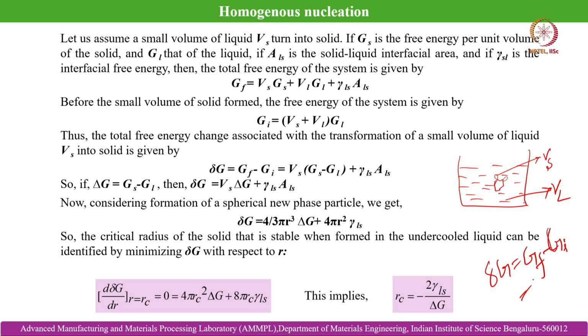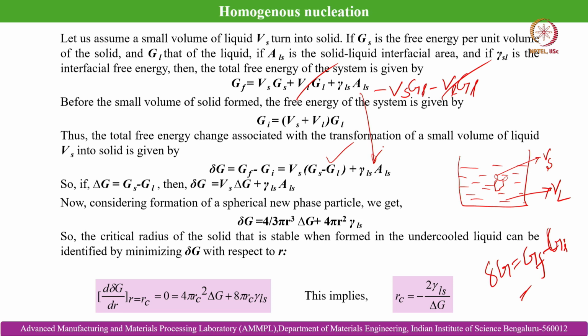Vs Gs plus Vl Gl plus gamma LS into ALS minus Vs Gl minus Vl Gl. Then Vl Gl and minus Vl Gl cancel out, and if you take Vs common, then Vs into bracket Gs minus Gl plus gamma LS ALS.